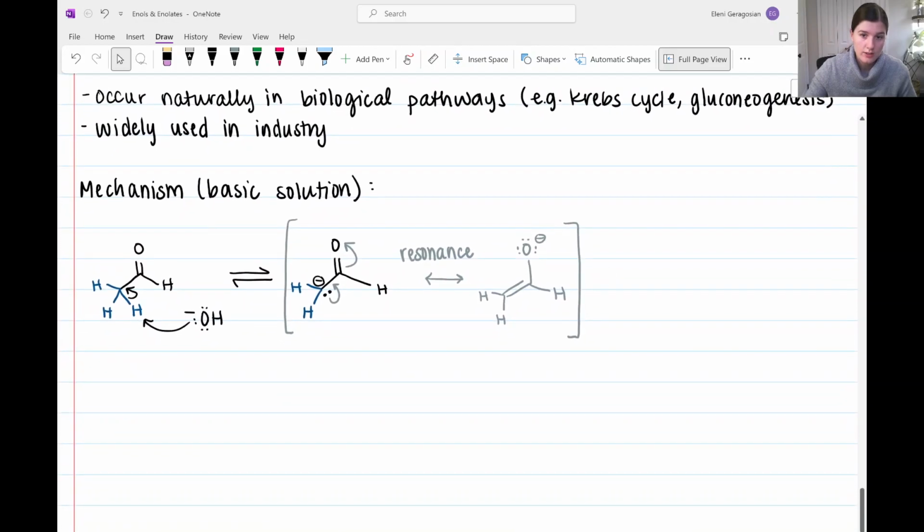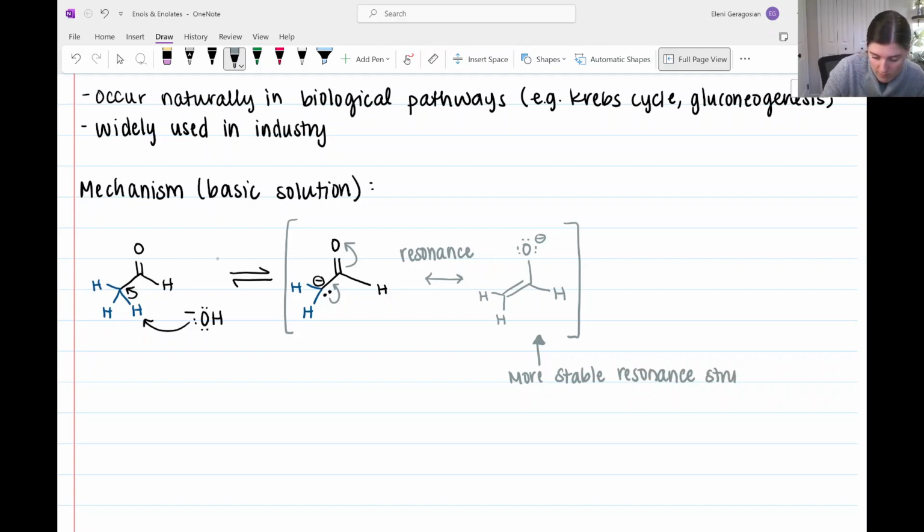This structure with the negative charge on oxygen is the more stable resonance structure, because the negative charge is owned by the more electronegative atom, oxygen, as opposed to carbon.